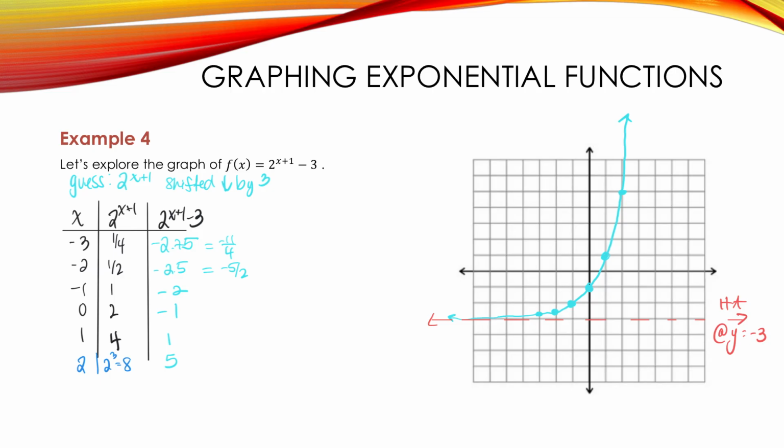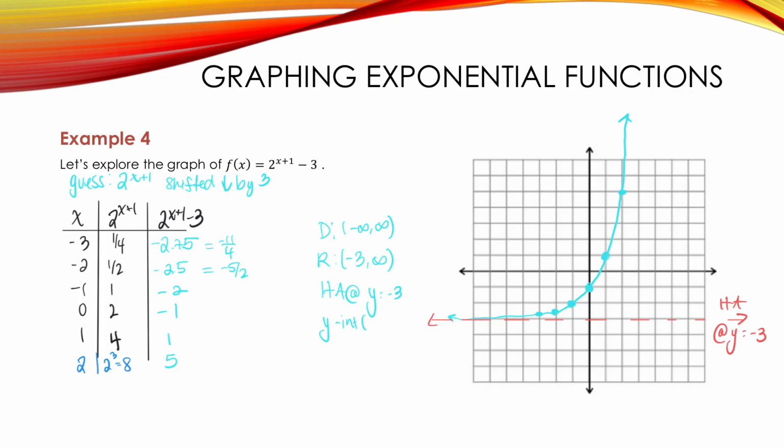So things are just a little different on this one. Now we have our domain is still negative infinity to infinity, but our range has changed. Our range doesn't start at 0 anymore, but we shifted it down 3, so it has to start at negative 3. Means we have a horizontal asymptote now at y equals negative 3.